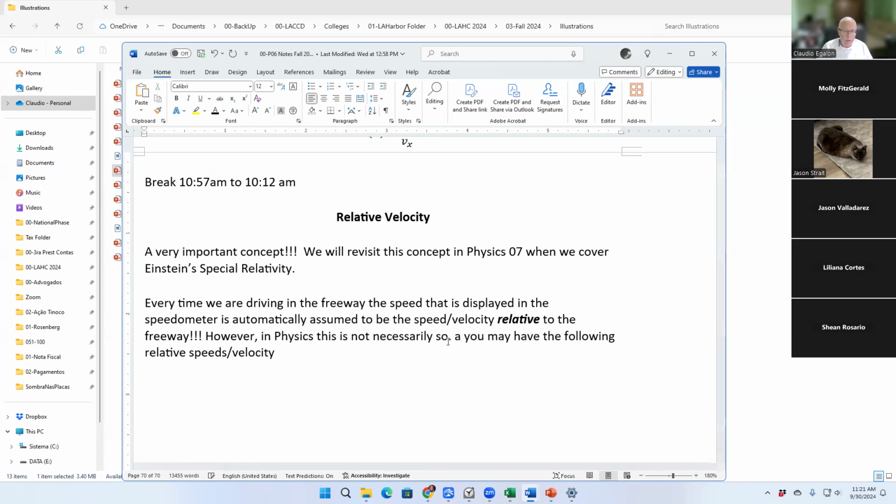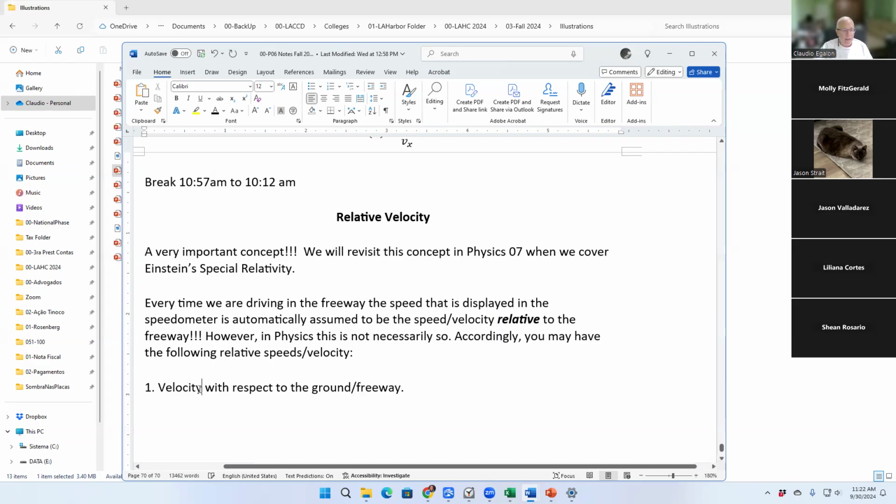Accordingly, you may have the following relative speeds. One, the first one that we already talked about. And now I'm going to keep on talking about velocity, right? Velocity with respect to the ground slash freeway. That's the most obvious one.